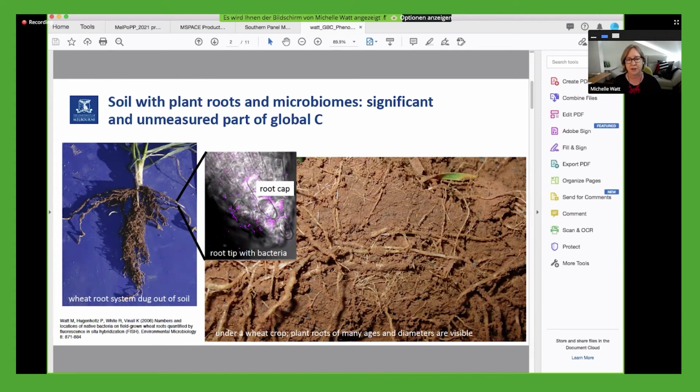And this very significant terrestrial carbon pool is so far unmeasured. So we have this large part of terrestrial carbon going below ground, and it's been very, very difficult to quantify and measure. And I'm going to give 2 critical examples of where it's not included so far in both models and in estimating yield gaps.